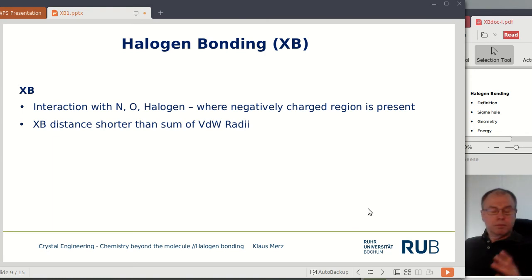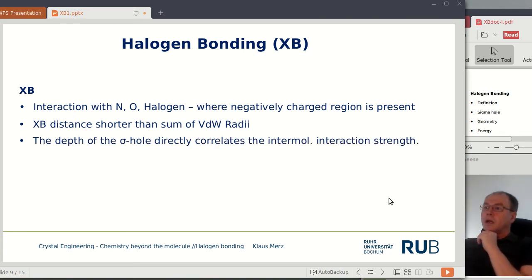And if you look, comparable to hydrogen bonds, you will see that the distance of these two atoms, similar to a hydrogen bond, is shorter than the van der Waals radii. This is a very interesting and very important notice.